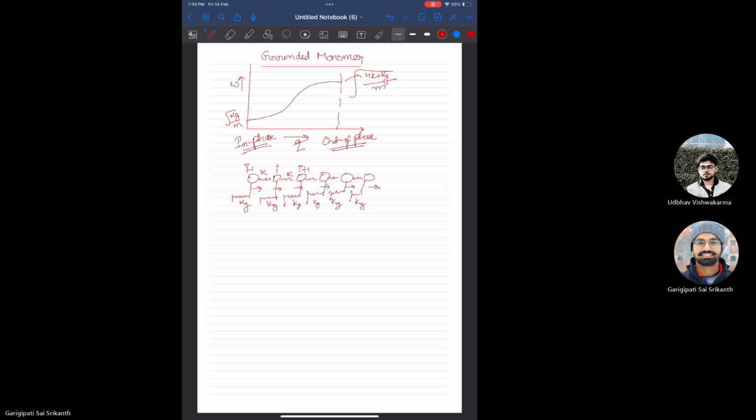So for the in phase q equal to zero mode, the grounding stiffness provides a restoring force.